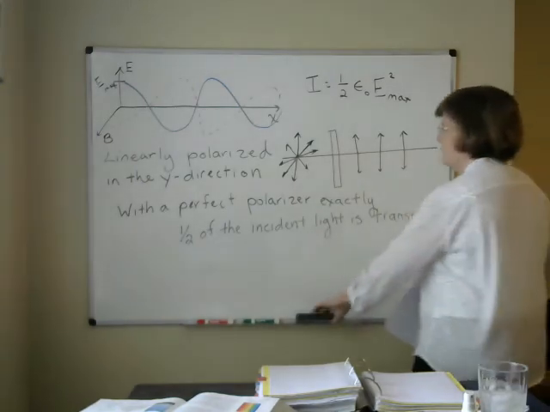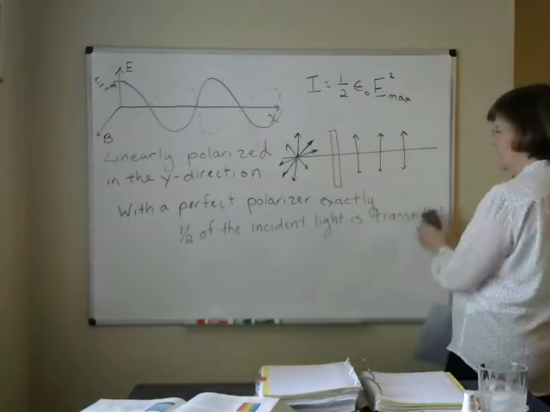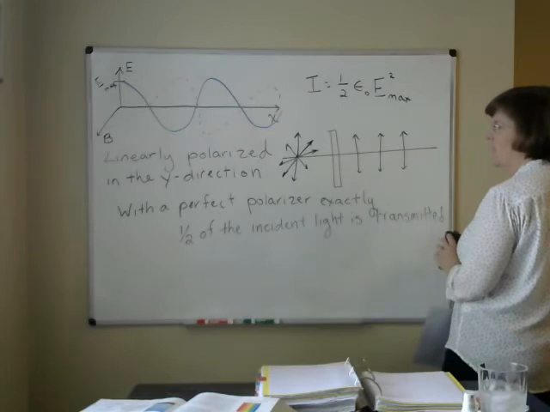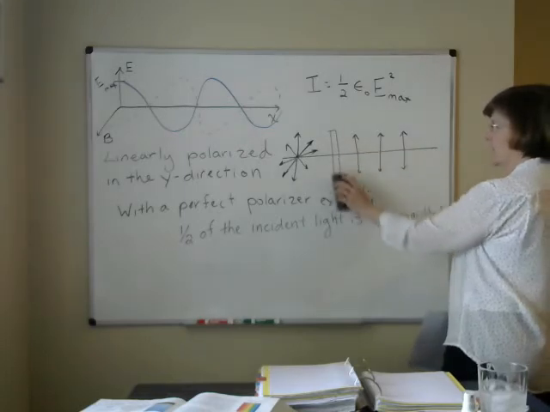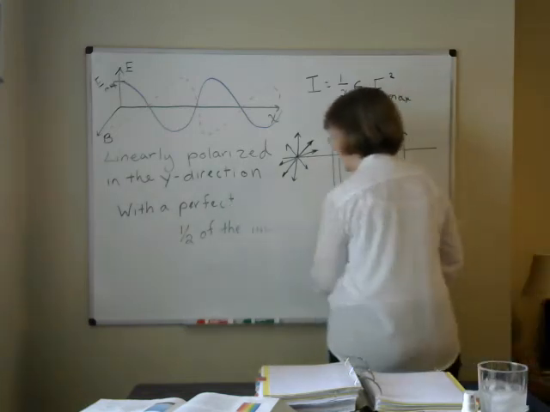Okay. So we understand what happens. A filter essentially blocks out all of the light that is not in line with the polarizing filter.